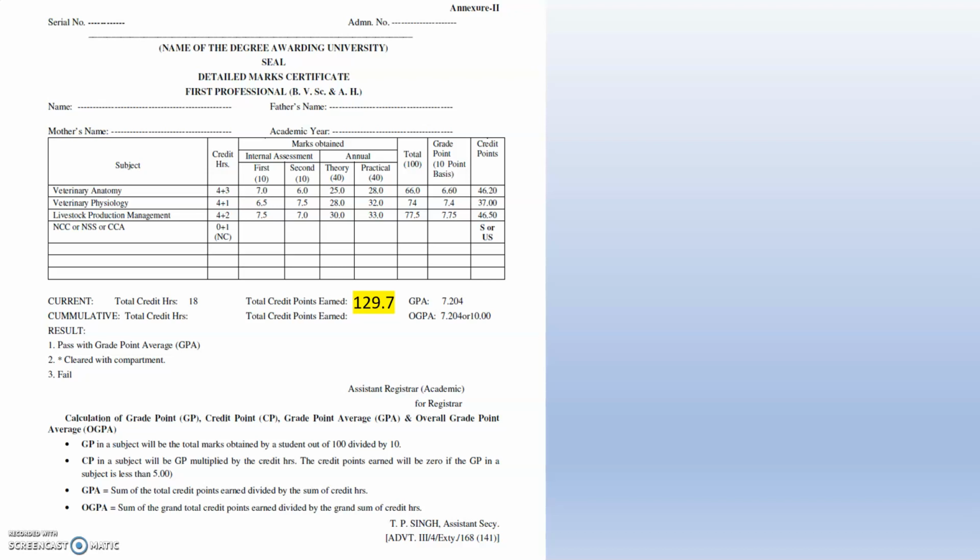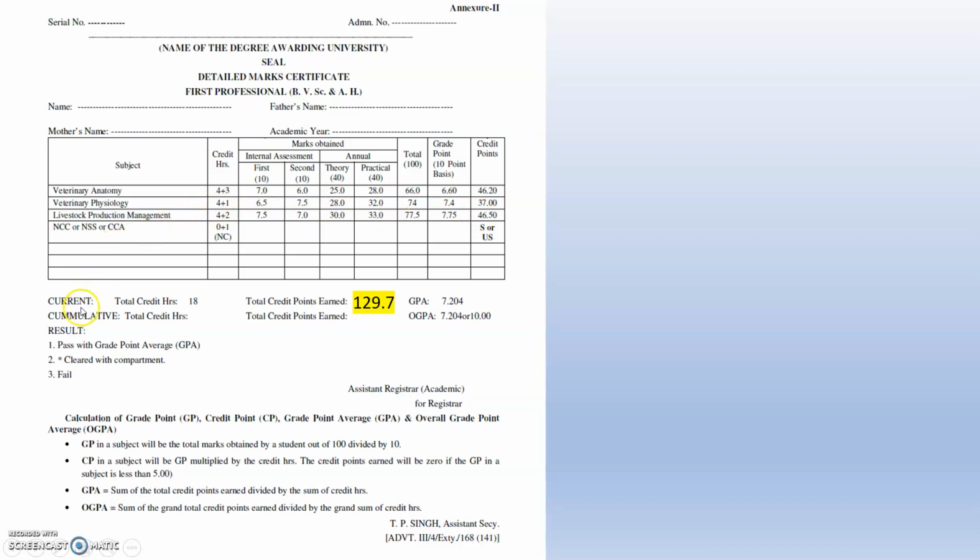Same like that in the second subject, that is physiology, you will have 74 in 100 and 7.4 in the grade point basis. So that will be multiplied by 4 plus 1, 5, and that will be 37. So 37 is actually your grade credit point in physiology. Like that, you have got 46.50 credit points in LPM.